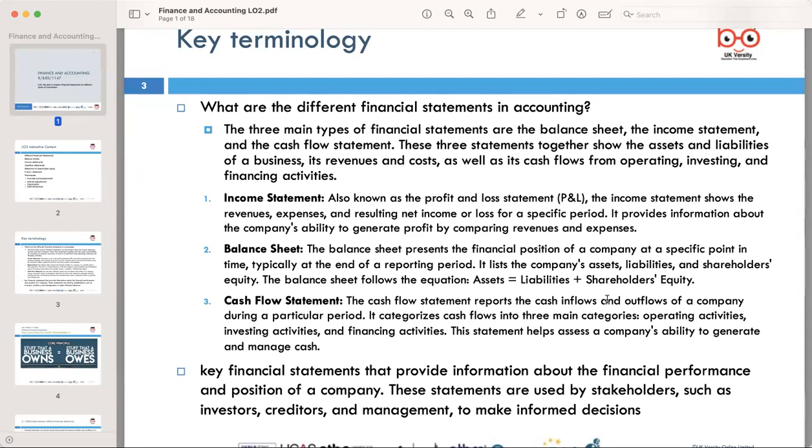The balance sheet provides a snapshot of the company's financial position, and the cash flow statement highlights the inflow and outflow of cash. While the overall process of preparing financial statements remains the same, the specific items and accounts included may vary depending on the type of business.